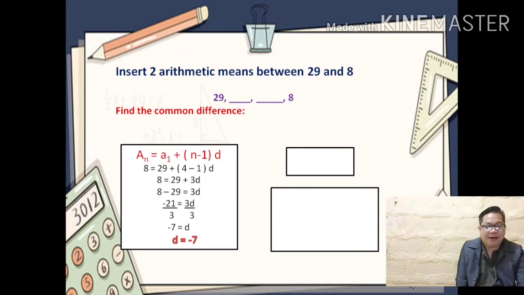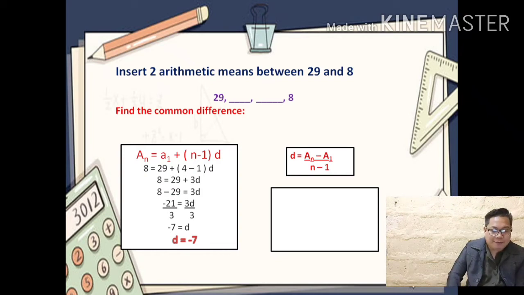Meron pang isang paraan para makuha ang common difference. Ito, d equals a sub n minus a sub 1 over n minus 1. Okay, so substitute lang natin lahat.